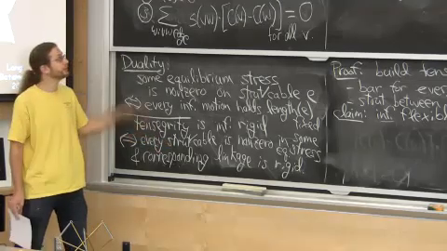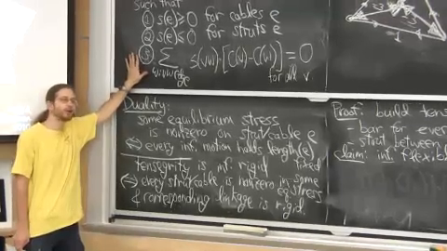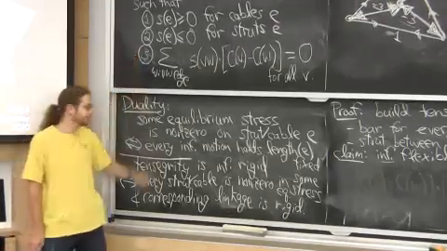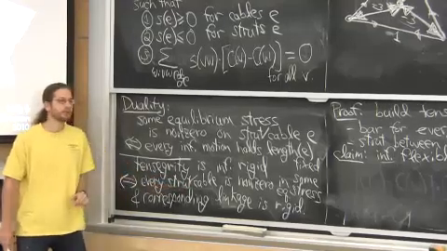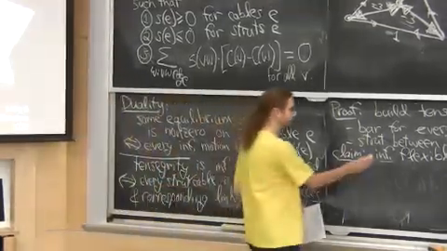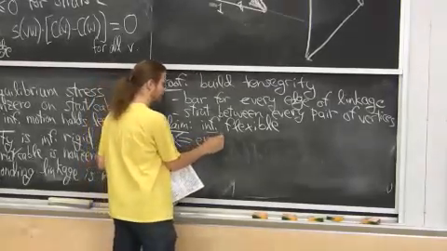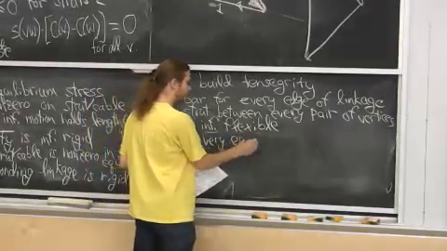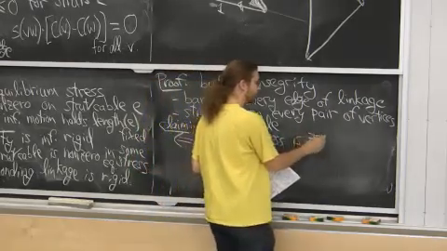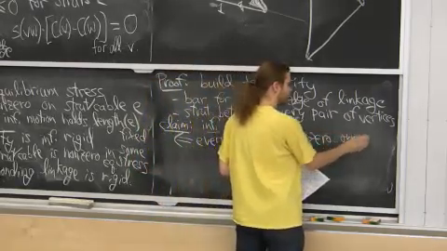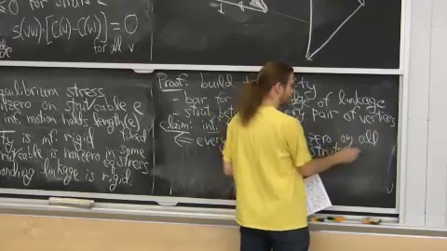Now, stresses always exist. I could set all the stresses to be 0. But I claim actually pretty much all the stresses have to be 0, at least on the cables and the struts, which is what I care about here. They have to be 0. So this will be implied by every equilibrium stress is 0 on all struts and cables.